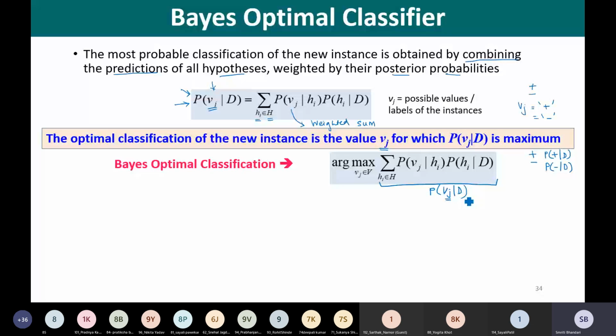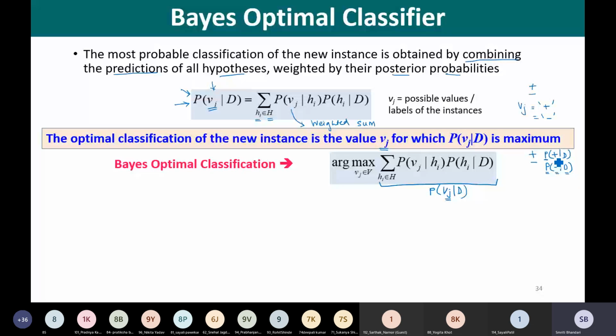So we find the probabilities considering all the hypotheses: the probability that the test sample is positive given data, and the probability that the test sample is negative given data. If we have two classes, we'll have two probabilities. If we have more than two classes, we'll have more than two probabilities, one per class, right?